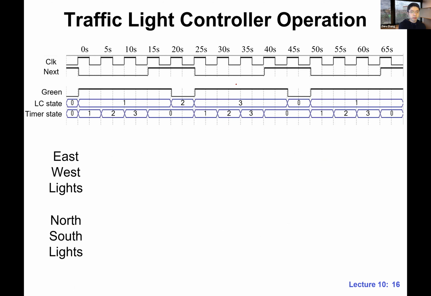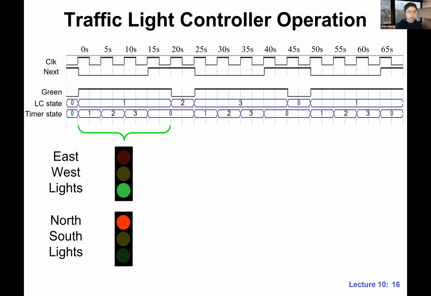All right, so this is the waveform. We have the clock, and you see that indeed the clock period is 5 seconds. These are labeled, and we have the next signal. Here we start out with state 0 for both the light controller and the timer, and you can see the pattern.